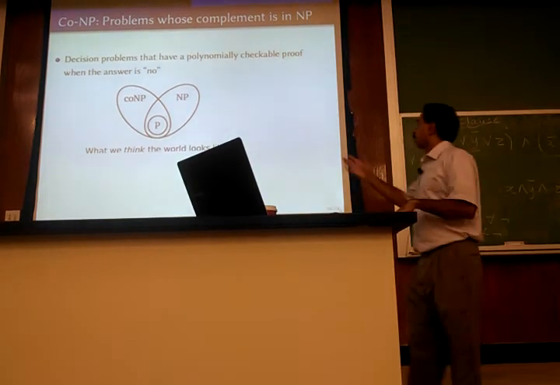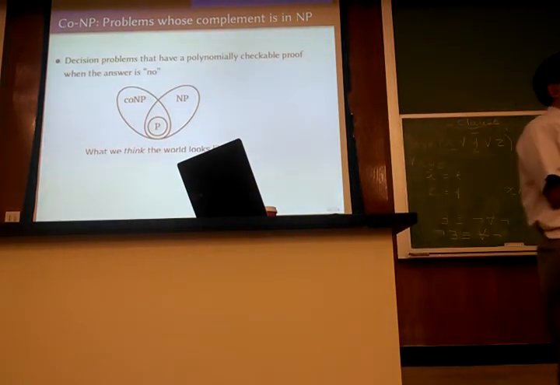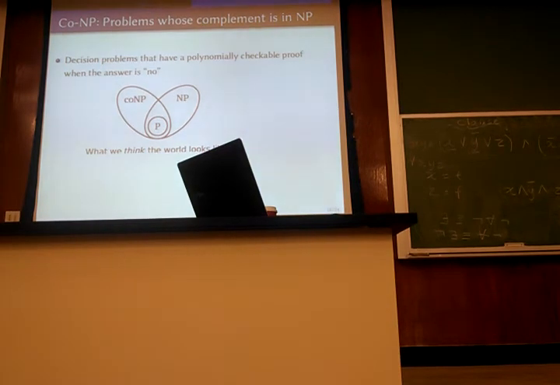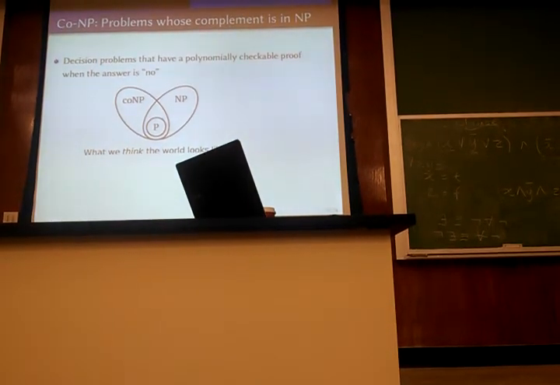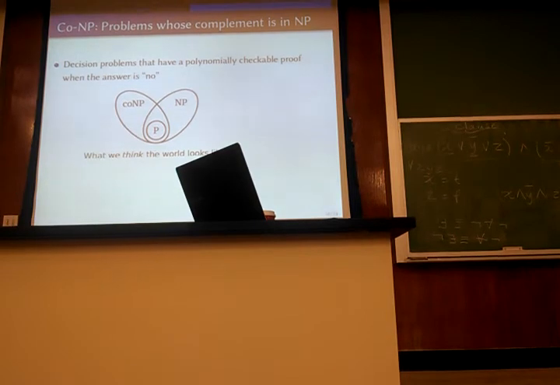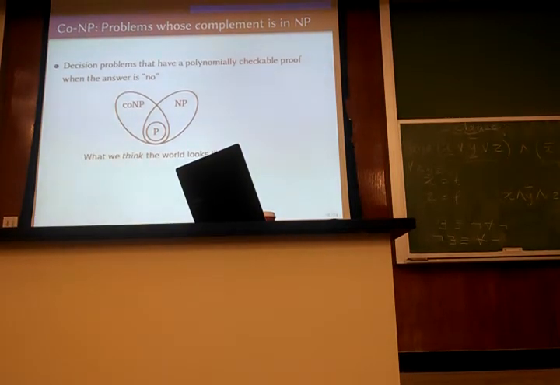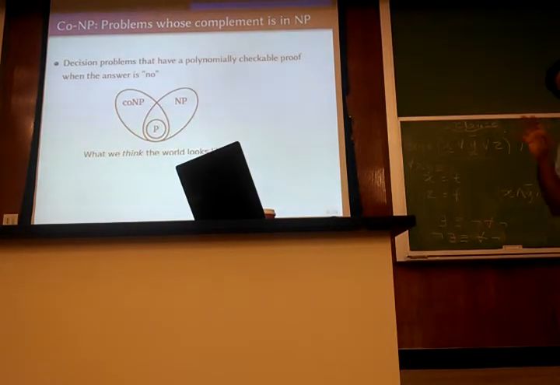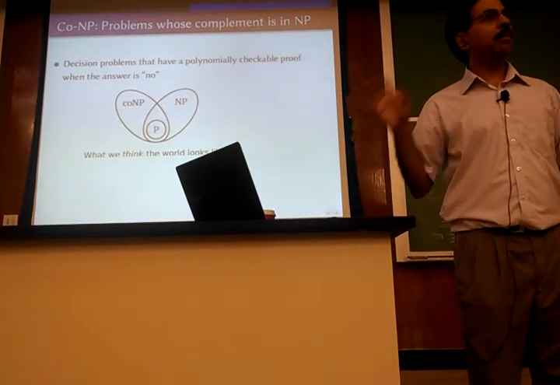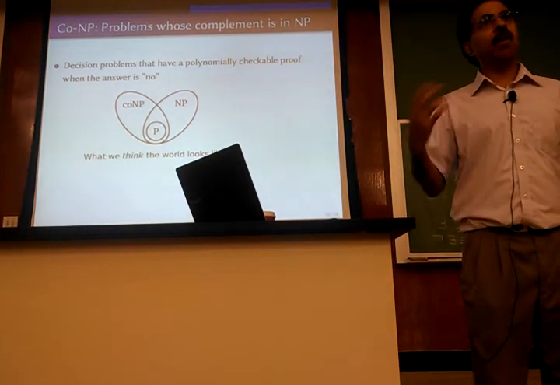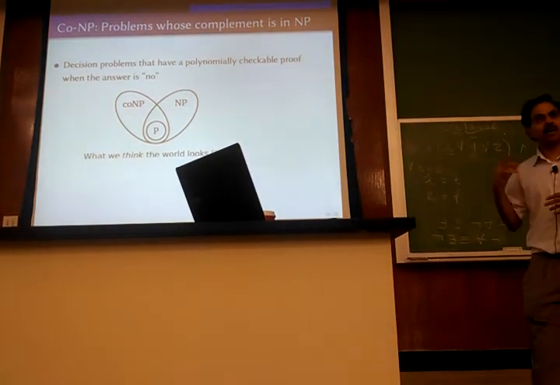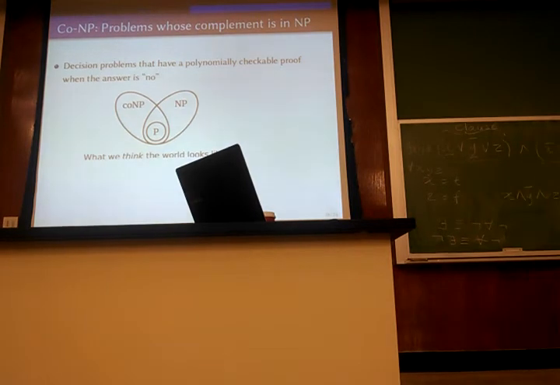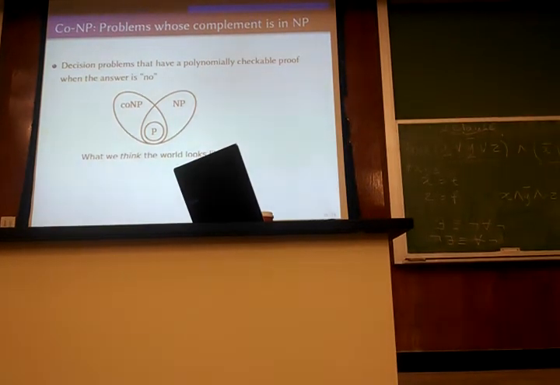Now, of course, the class of problems that have polynomial solutions, that means that you can solve them in deterministic polynomial time regardless of whether the answer is yes or no, whether you have a positive formulation or a negative formulation of the problem.